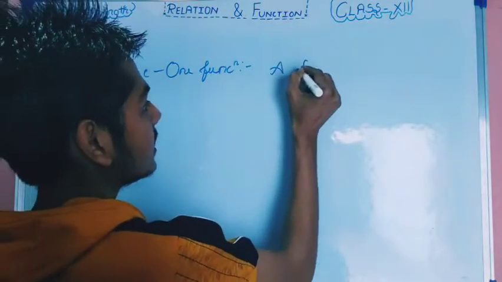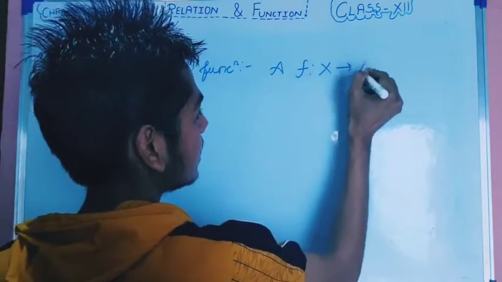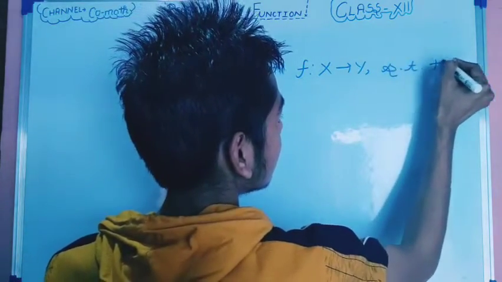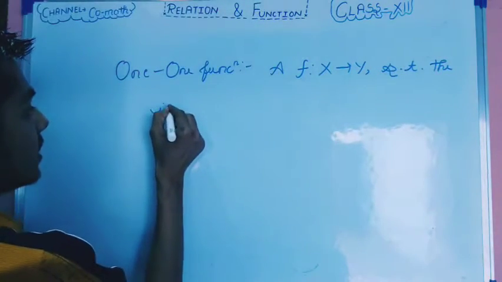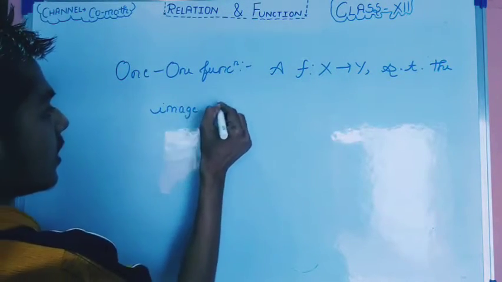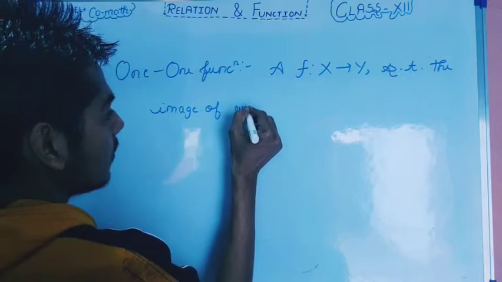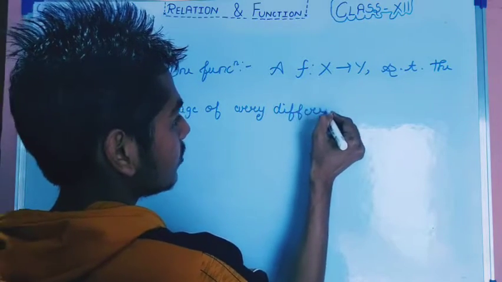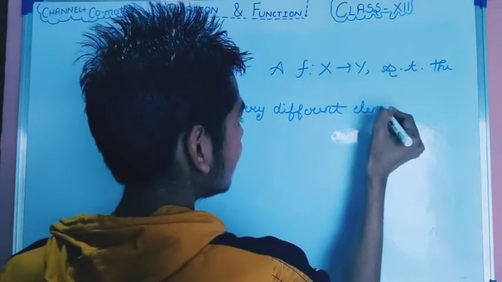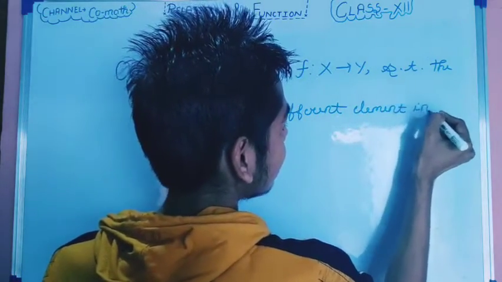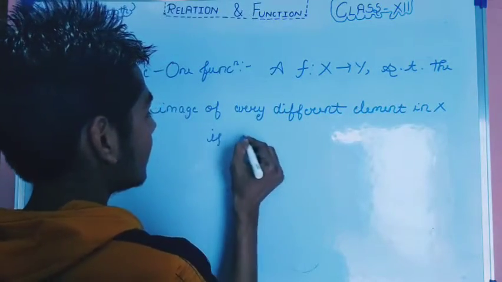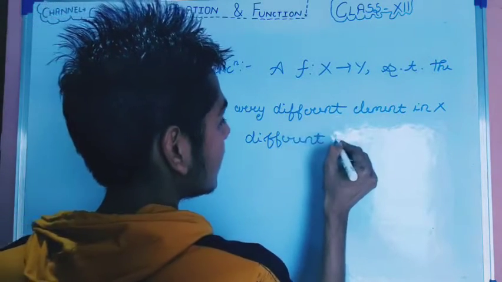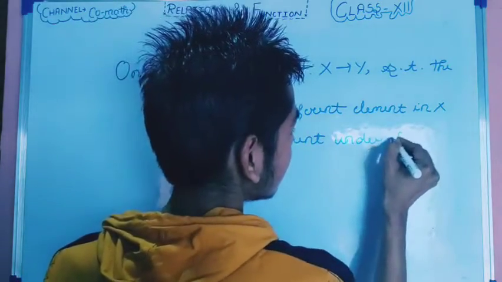So a function from set x to set y such that the image of every different element in set x is different under function f.